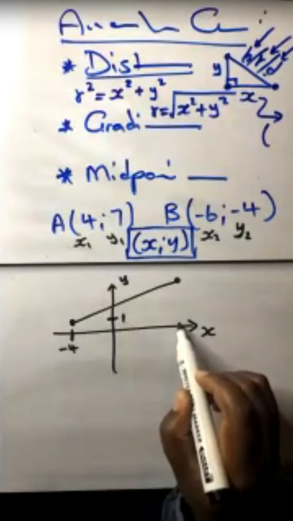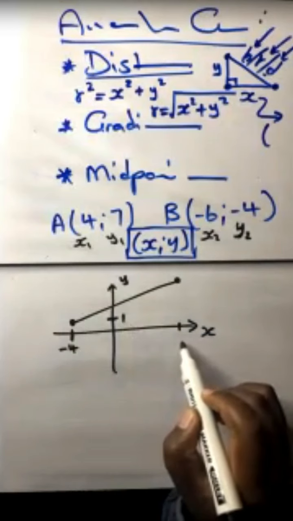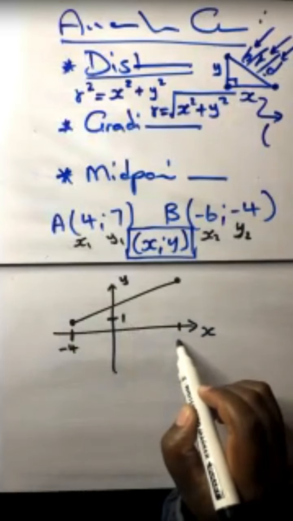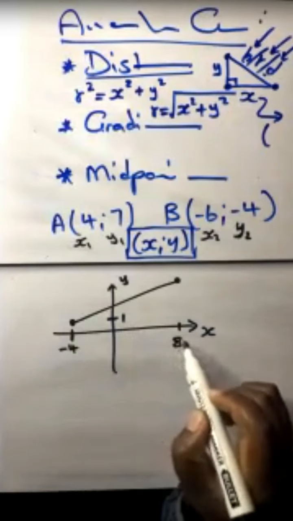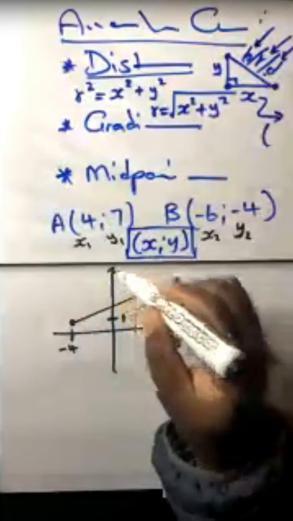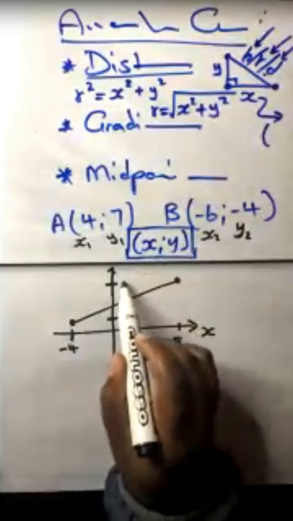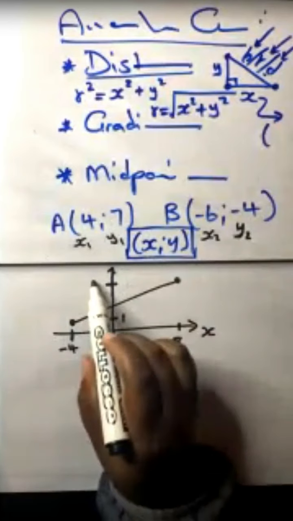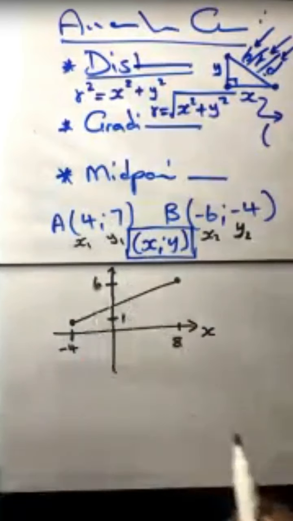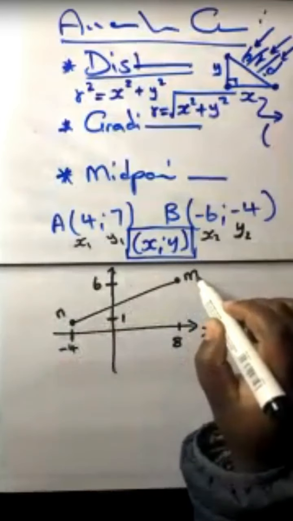And then also we've got that point over there, let's say it is 8. And let me extend that line up to somewhere there and say that point over there is, let's say, 6. We've got point N, we've got point M.